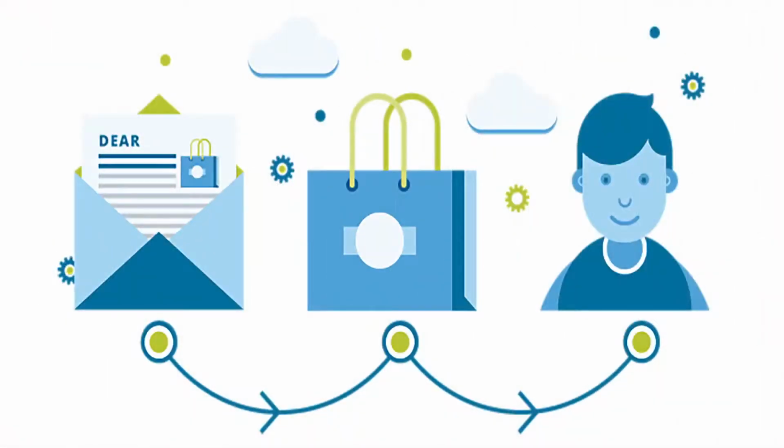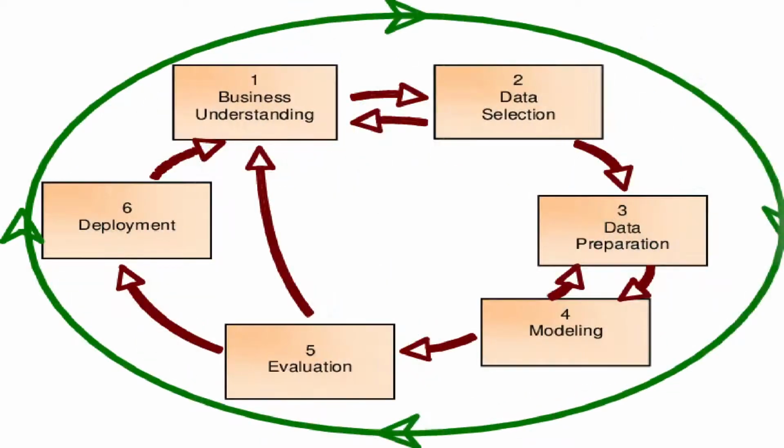The objective of data mining personalization is to observe the behavior and characteristics of a user while interacting with the site. This is done by following the basic data mining cycle.